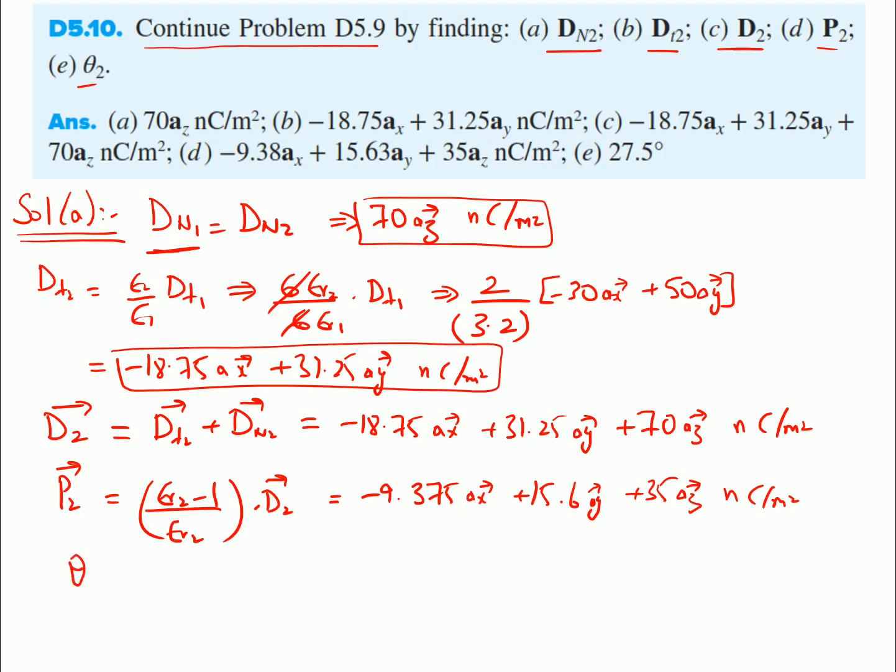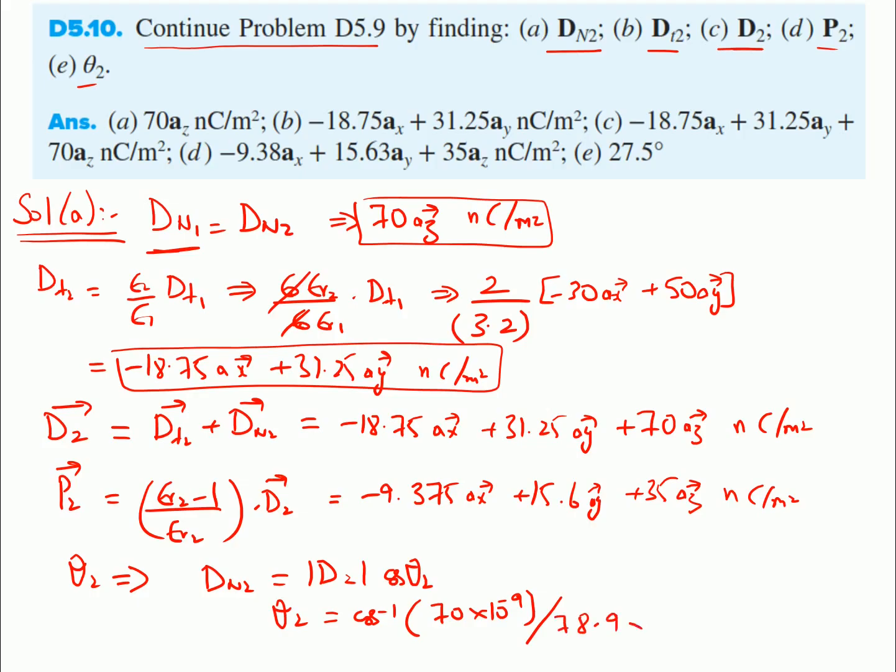And finally, we want to find the angle theta. It is going to be the normal component over the magnitude of the second value, with cos of theta 2. So theta 2 is cos inverse of Dn2, 70 into 10 raised to power minus 9, divided by 78.9 into 10 raised to power minus 9, and it comes out to be 27.5 degrees.